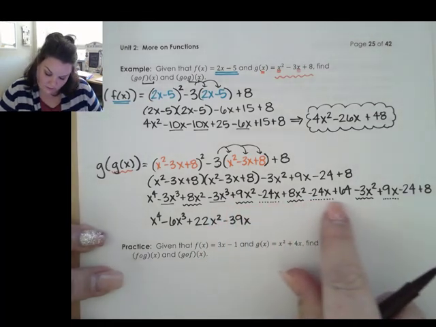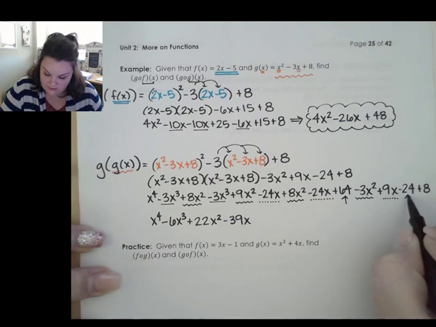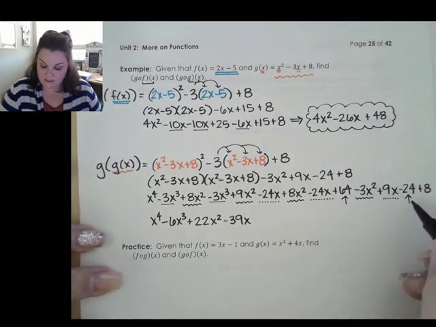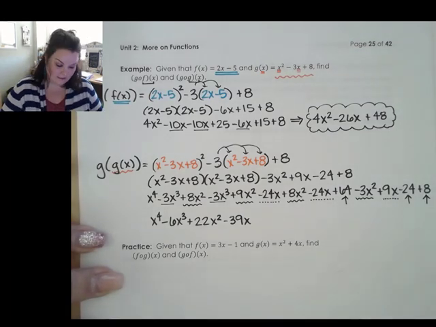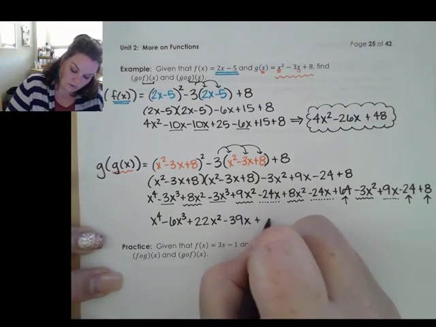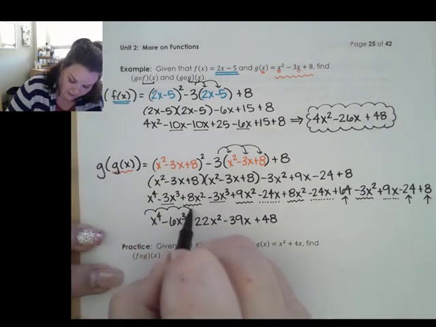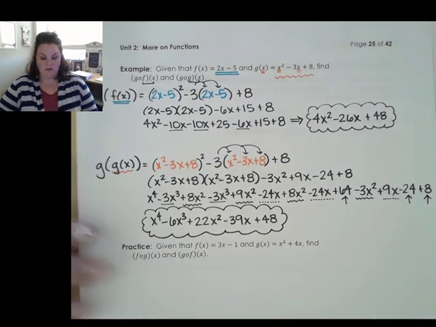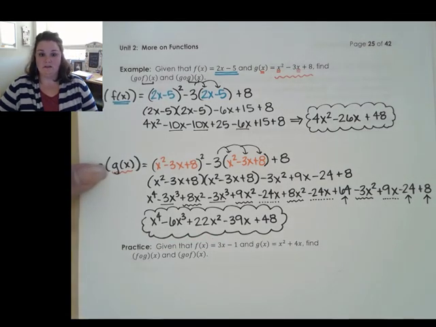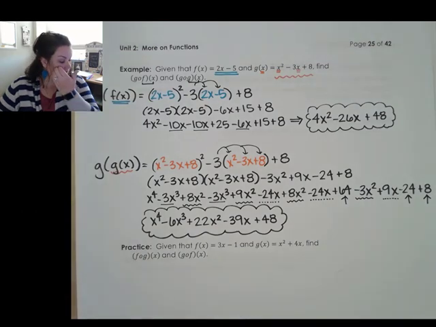So constant terms, I have 64 minus 24. So 64 minus 24 is 40, right? Plus this 8 gives me a positive 48. Okay. And now that we've simplified it, this is my new g of g function.